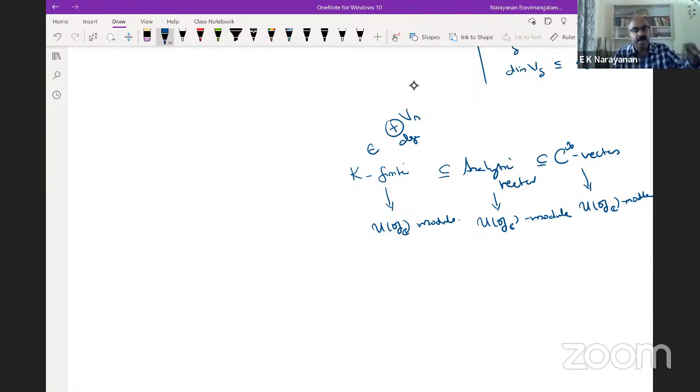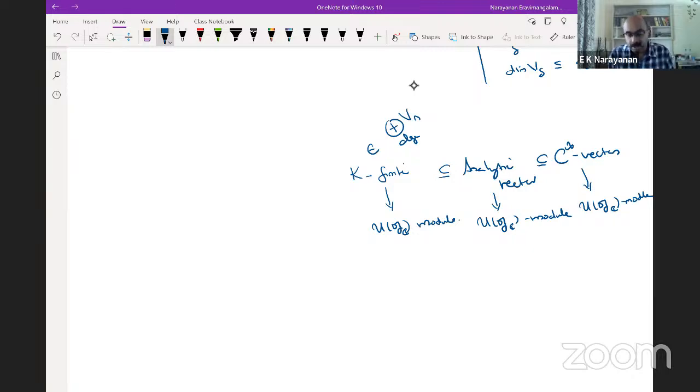That gives me a correspondence between invariant subspaces in the K finite vectors with respect to the UGC action, and, if you take the closure of them, invariant subspaces under G in the original Hilbert space V. Irreducibility would mean that it is irreducible at both levels: at the Lie algebra level, as a representation on the K finite vectors, and at the Lie group level, as a representation on the Hilbert space. So these are going to be the same.